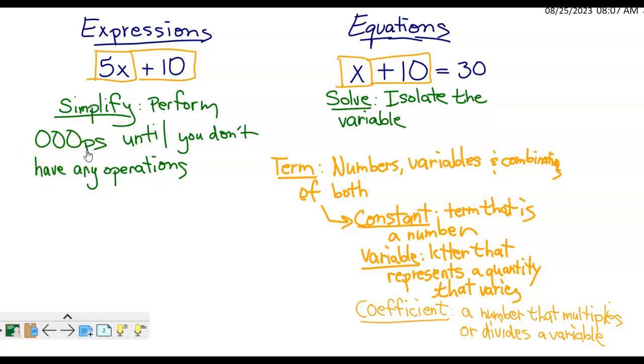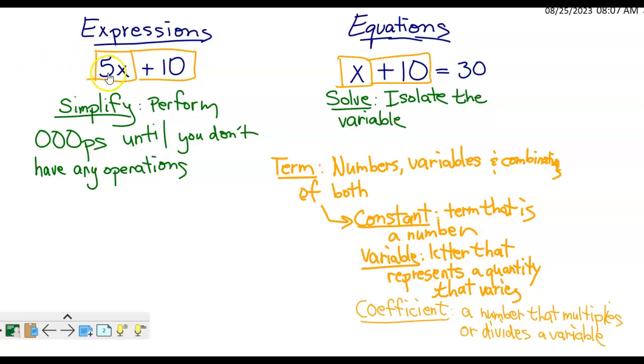That means you do grouping symbols, multiplication and division, and addition and subtraction in the order they're supposed to go until you don't have any more operations that you can do. And then you have to leave the expression alone. It is in simplest form.